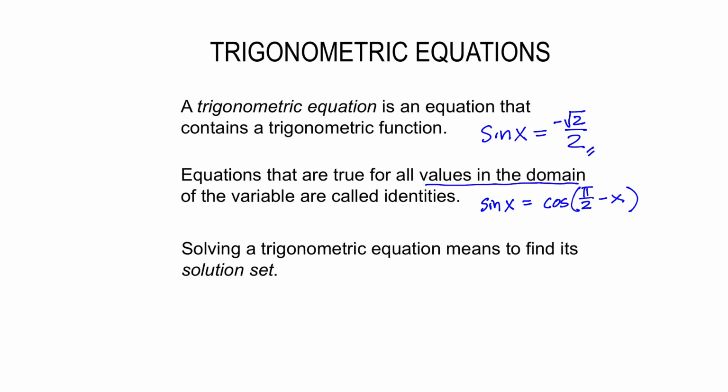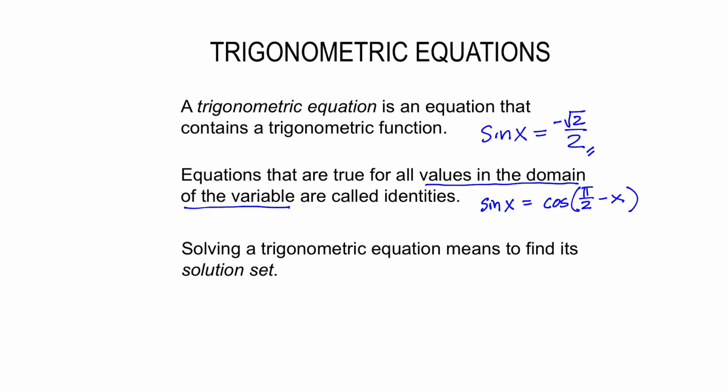Domain are the values that we're allowed to plug in to a given equation or function. But when we have just a statement here of equality, this is called an identity, and it's true for every x. So there isn't necessarily anything to solve for like we would in the above statement.